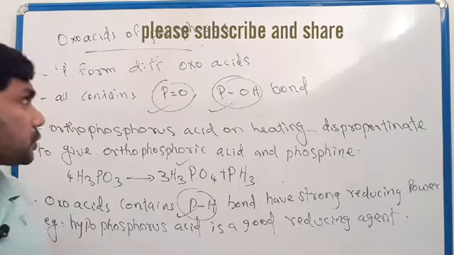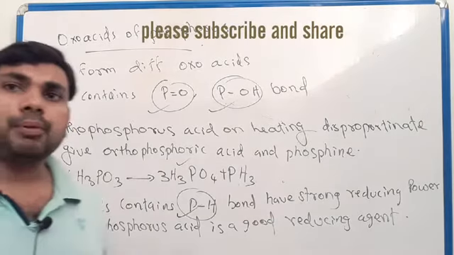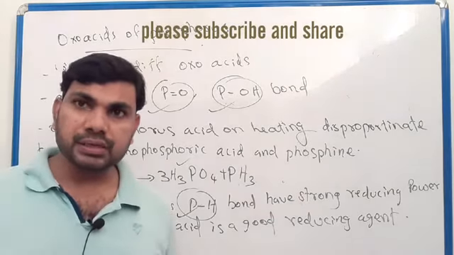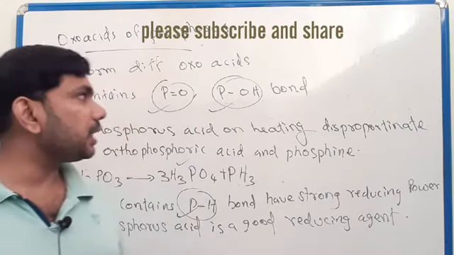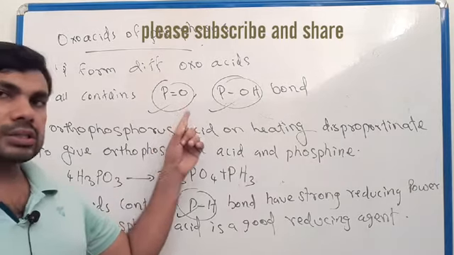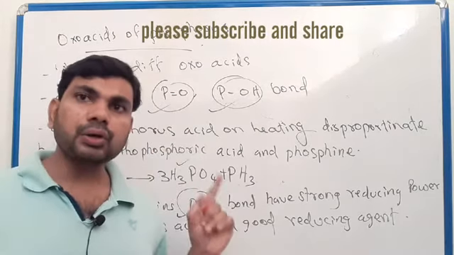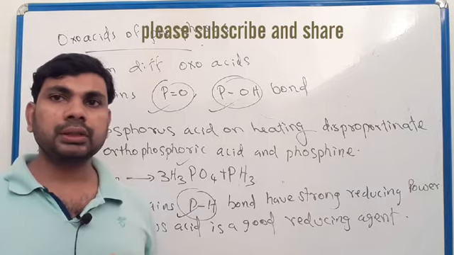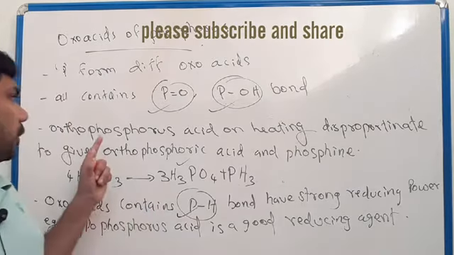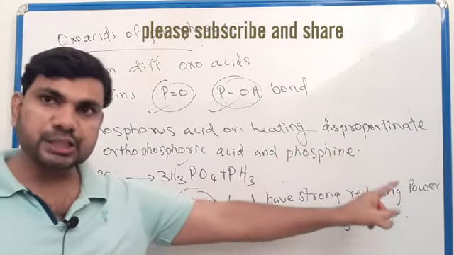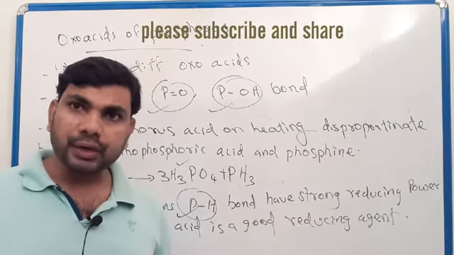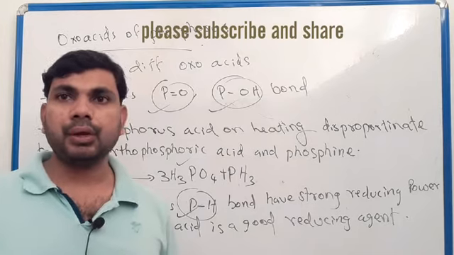So here we discussed different types of oxo acids of phosphorus. All the oxo acids of phosphorus contain a phosphorus double bond oxygen and a phosphorus single bond OH. Orthophosphorus acid, on heating, disproportionates to form phosphoric acid and phosphine.